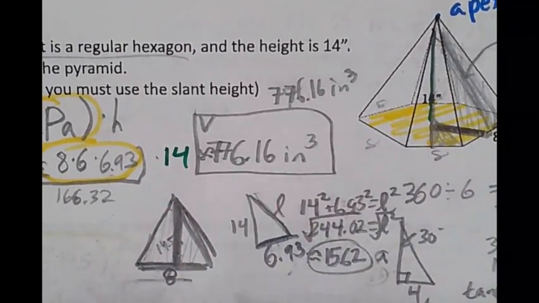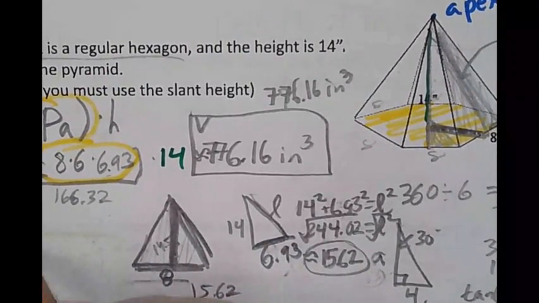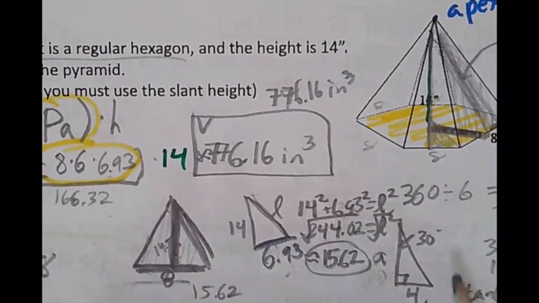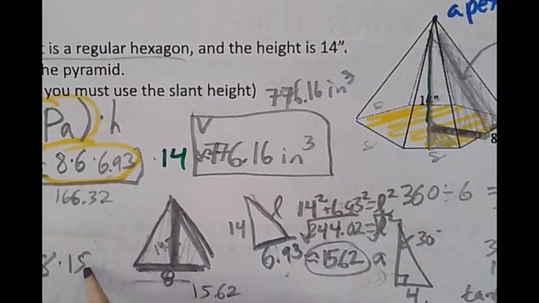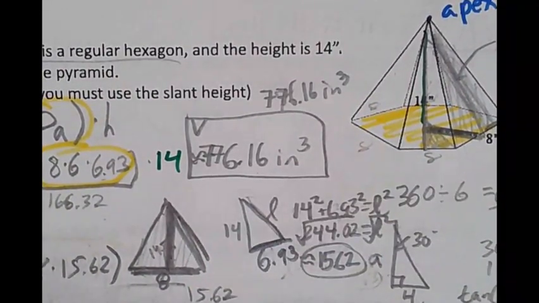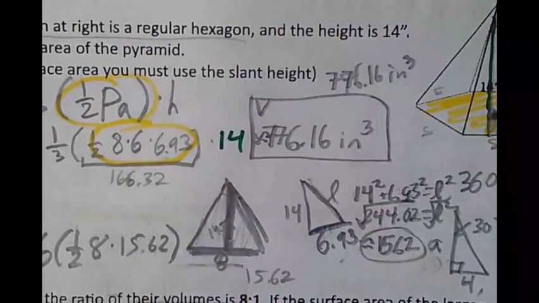So we get that the base of this shape, or sorry, this slant height, we get that the slant height right there, L, which is the height of the shape, is going to be 15.62. So the height of this shape, which is the slant height here, is 15.62.